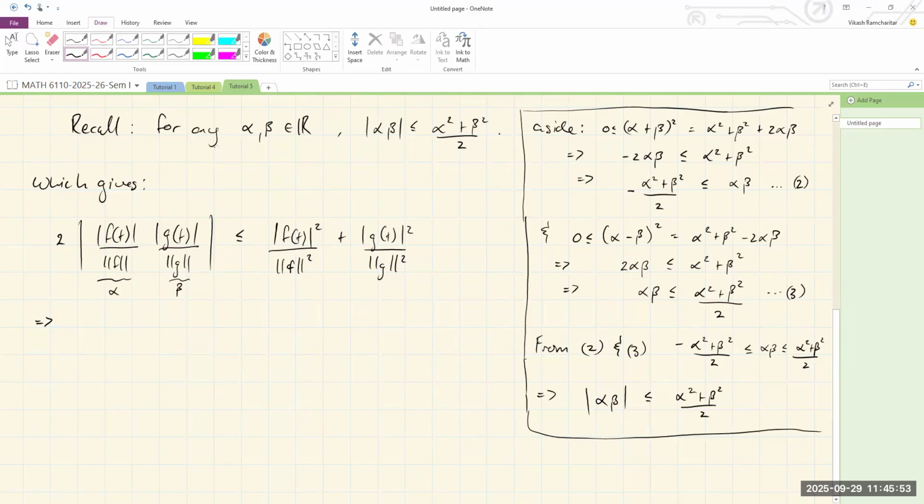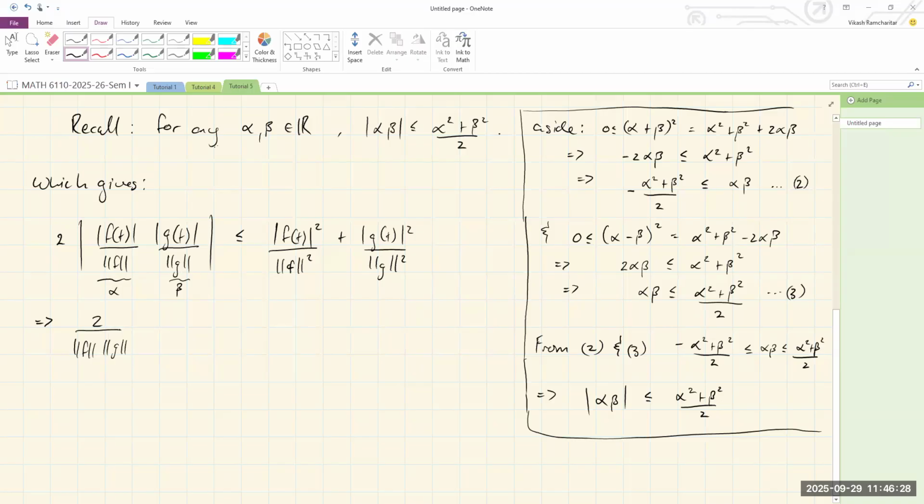The modulus sign that we see in here, we can actually get rid of it because we have modulus on the outside. So we don't really need the modulus on the inside. And the two terms in the denominator, norm f and norm g, I could pull those outside the modulus. In other words, I could reduce this to 2 over norm f, norm g.